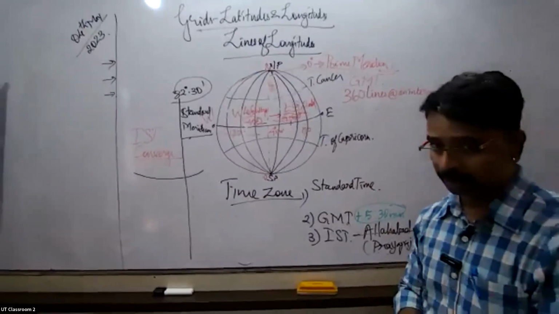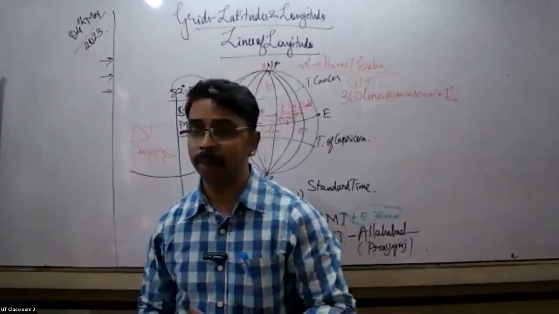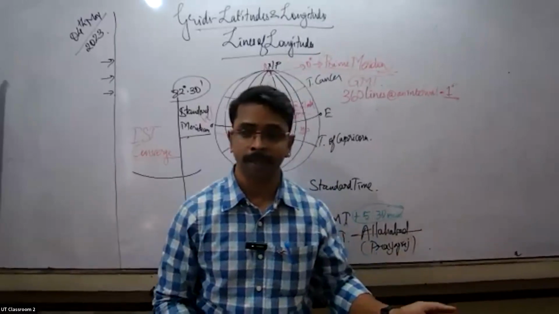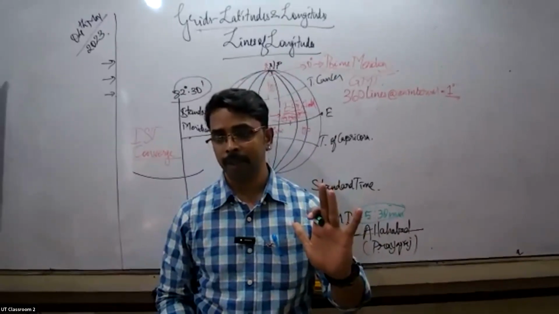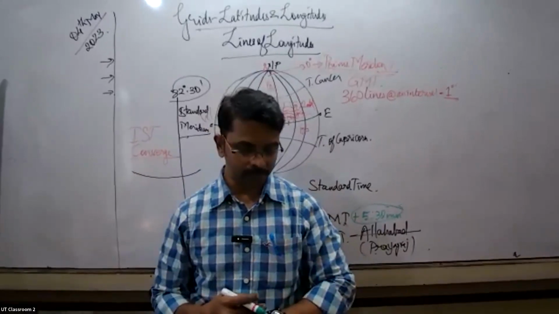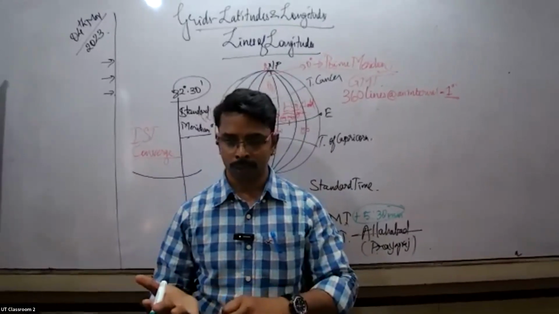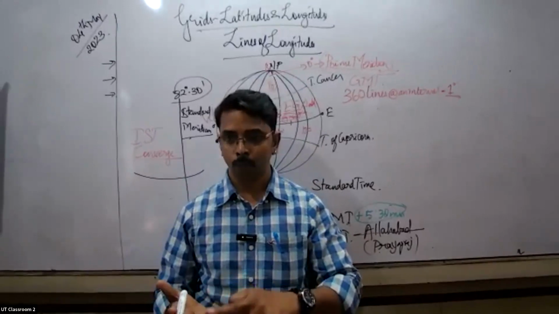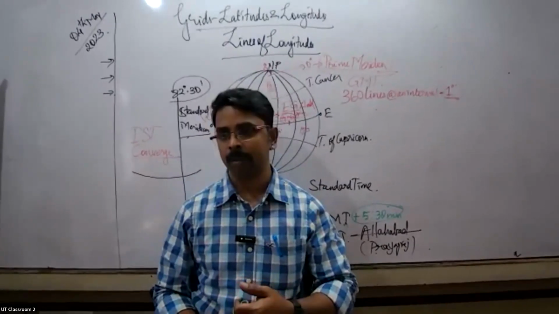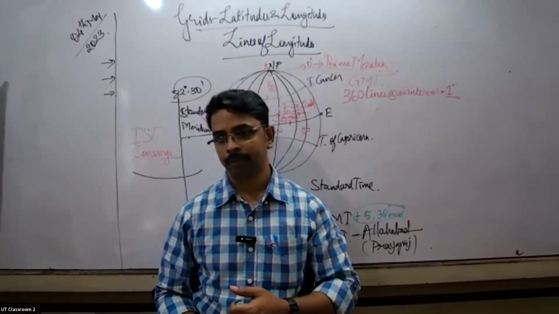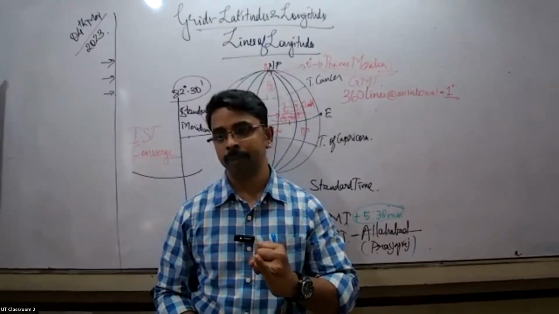So now it is 3:30. Now in London, they will be behind India by how many hours? 5 hours. What will be the time? Say 2:30, 1:30, 12:30, 11:30, 10:30, and half. 10.